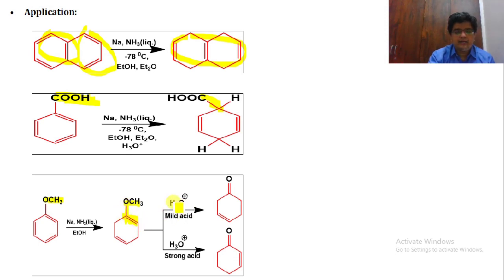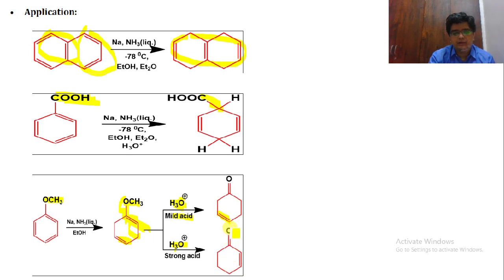Now when we are reacting with H3O plus, what will happen? In a condition of mild acid, it will reduce this double bond. So here we are having a double bond over here. Now when we are having strong H3O plus, what will happen? This C double bond O, this lone pair of electrons will travel over here, this will undergo over here, and this double bond will be reduced.